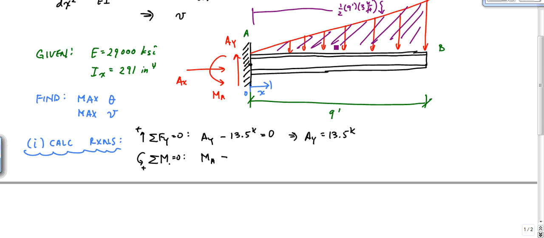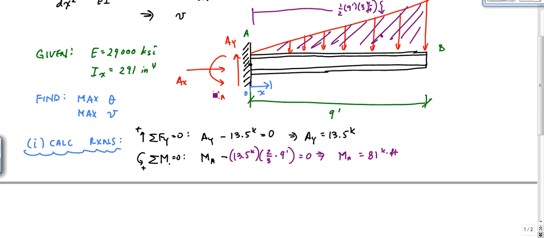That distance is the centroid of this triangle, which is 2/3 from the 0 side. So the resultant is 13.5 kips times 2/3 times 9 feet equal to 0. And then I get that MA is 81 kip feet, and the positive indicates that my sense of this MA is also correct.